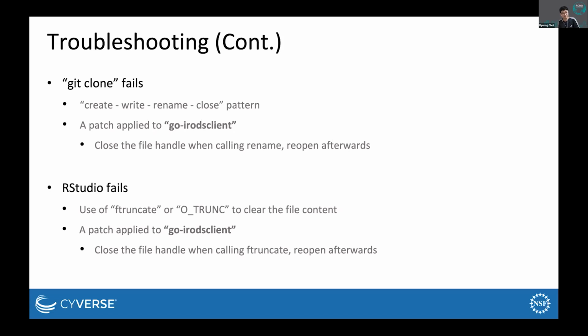This is because its base Fuse library does not support it. We also made a patch for the issue using a similar solution: closing the file handle first and then doing the actual process using other APIs supported by iRODS, and then reopening the file handle afterwards.